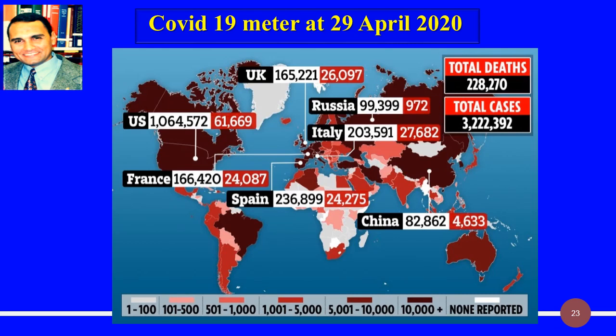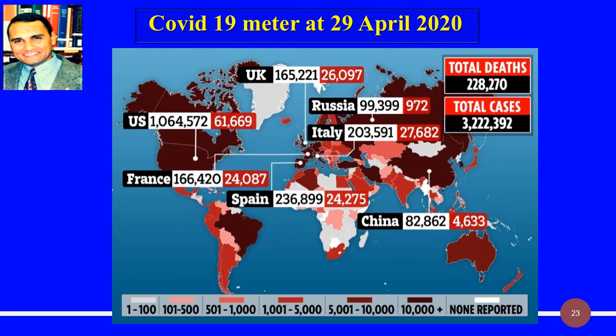Analytical epidemiology of the presence of SARS-CoV-2 throughout the world, using the COVID-19 meter on the 29th of April 2020, shows that total cases all over the world at that time were about 3,020,000 and total deaths were 228,000.